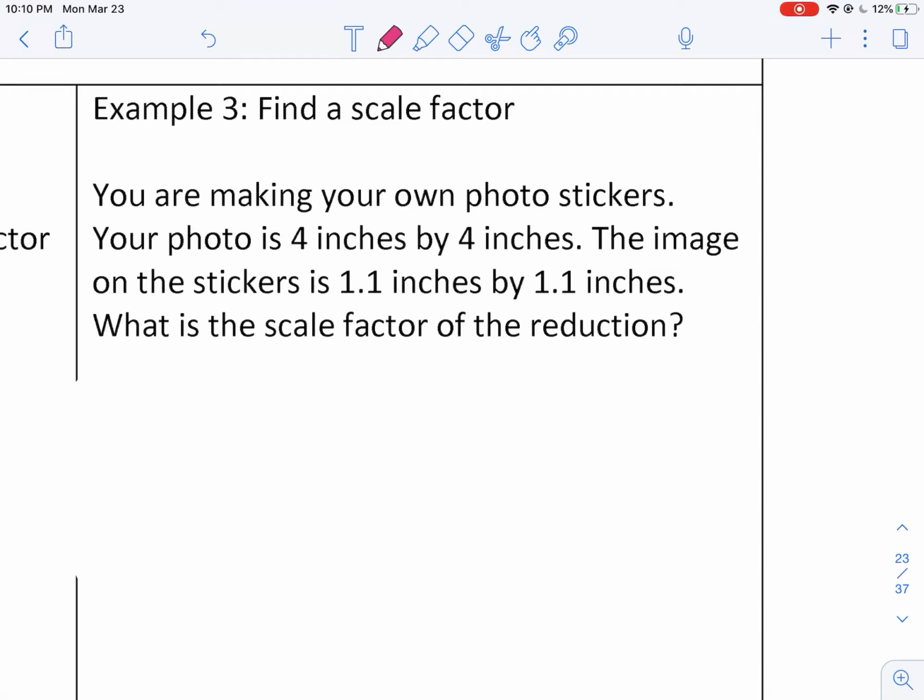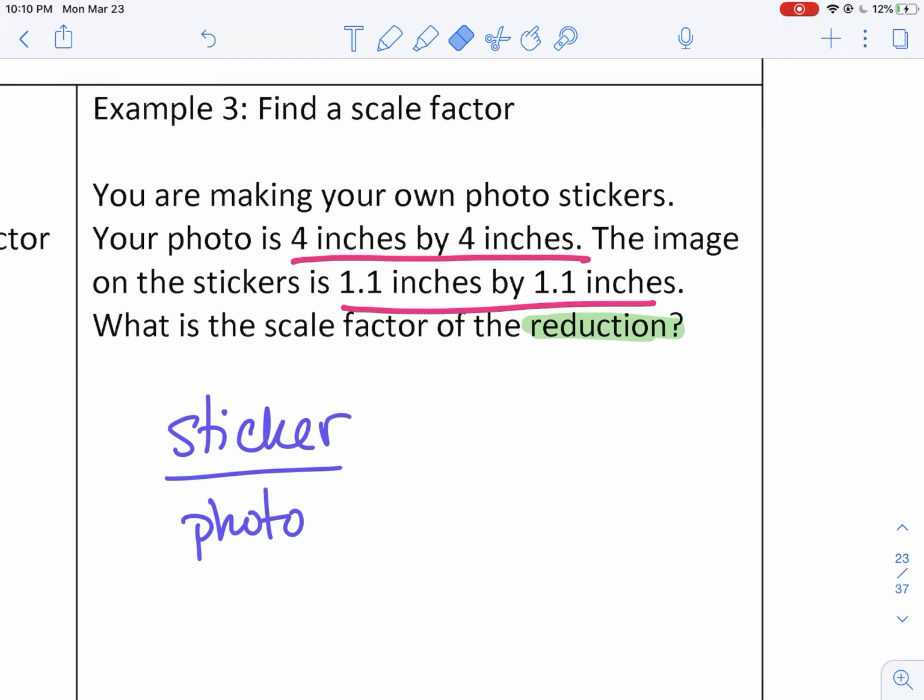Awesome, so we're making photo stickers. We're taking a photo that is 4 inches by 4 inches, so it's a square. And then the image on the sticker is 1.1 by 1.1 inches. It asks, what is the scale factor of reduction? When it says reduction, that means the image is going to get smaller. So we need the smaller number in the numerator and the bigger number in the denominator.